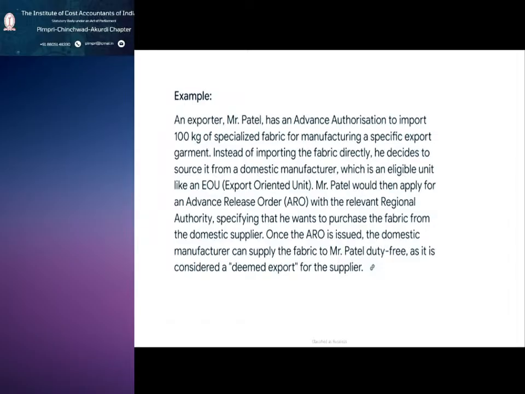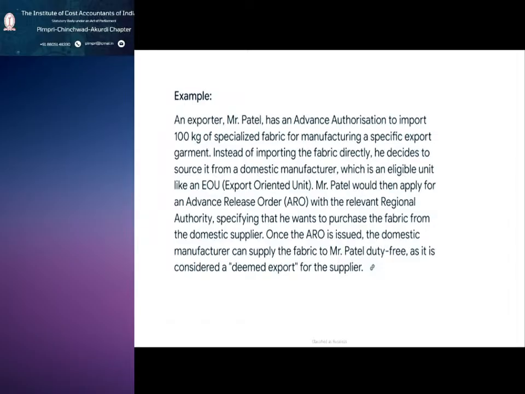So instead of searching for any supplier outside India, even if I come to know there is a domestic supplier who is an EOU, I apply for the advance release order with the relevant regional authority, specifying he wants to purchase the fabric from the domestic supplier.